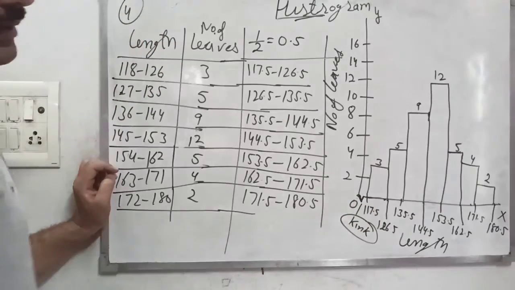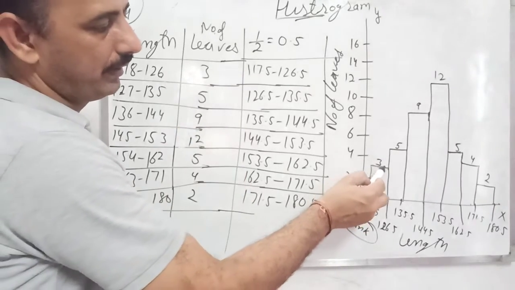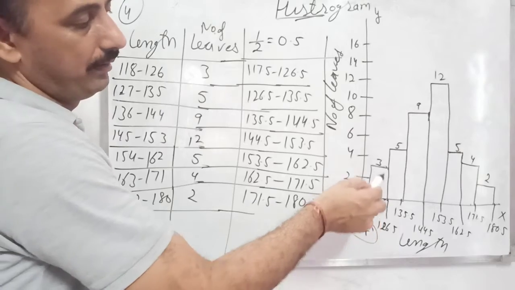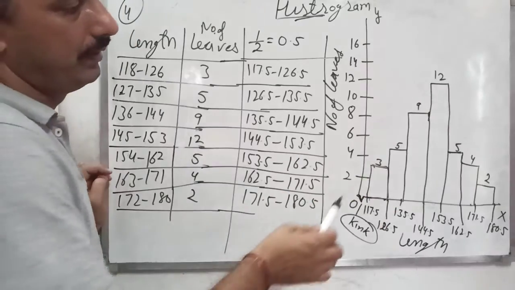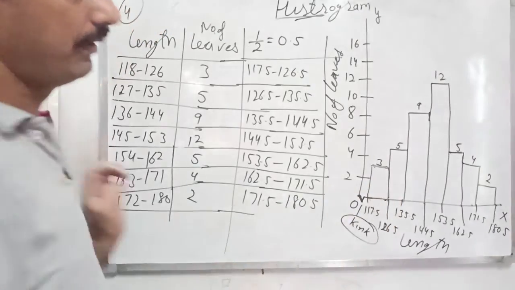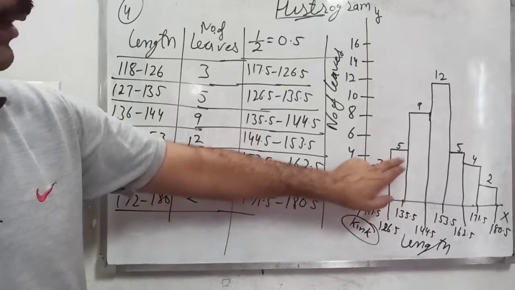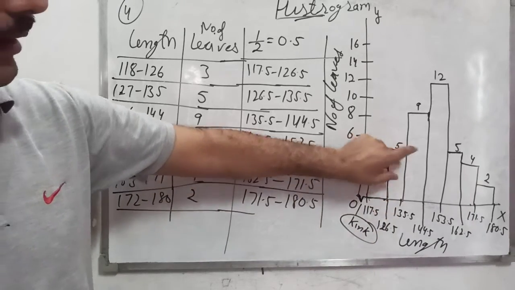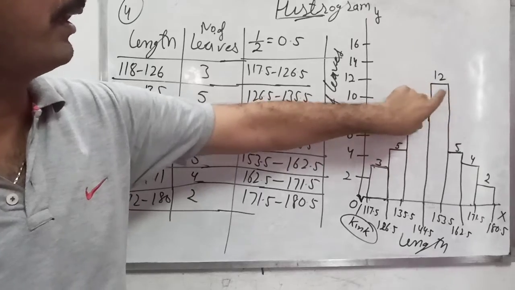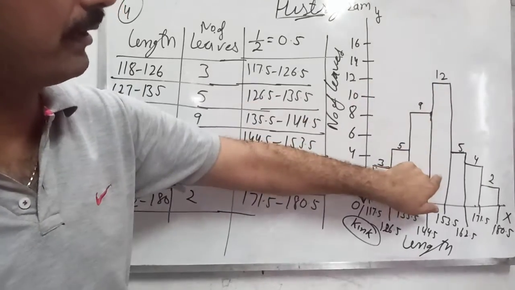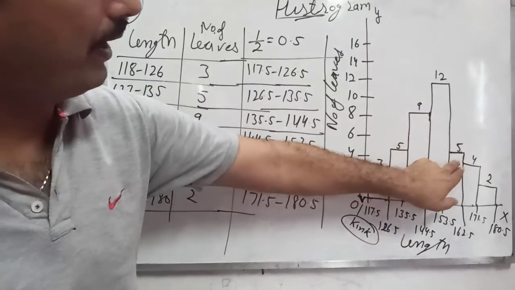Okay, so in the first interval there are 3 leaves, so we go up to 3 and make a rectangular box. The next one is 5, so we make 5, then the next interval is 9, and the next is 12, go up to 12 and make that, and then 5.